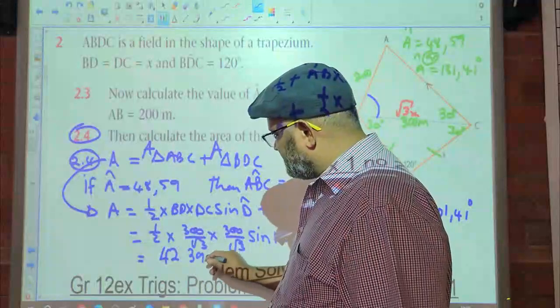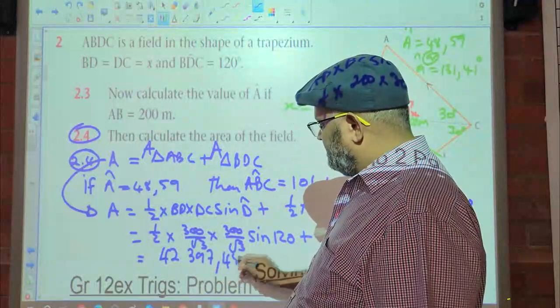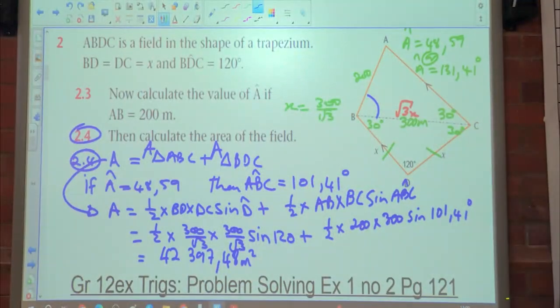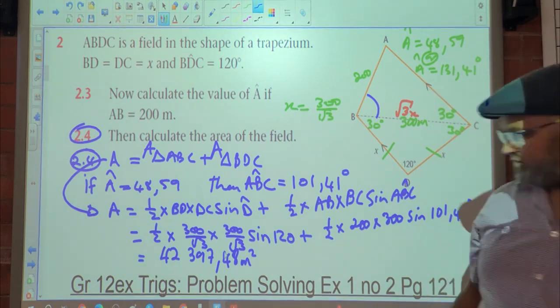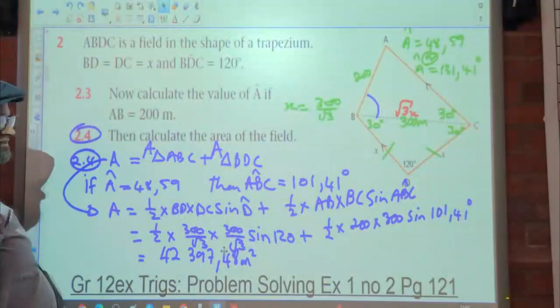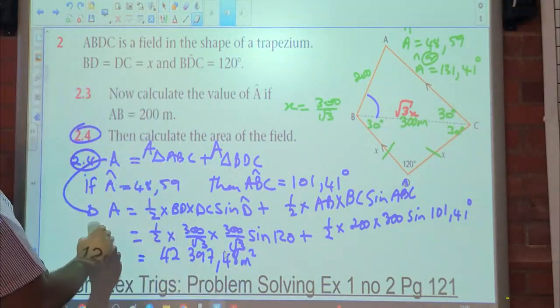That gives 42,319. Check if that's correct. I'm feeling better. 42,397.48 meters squared. Okay. Otherwise, we'll use the other one.